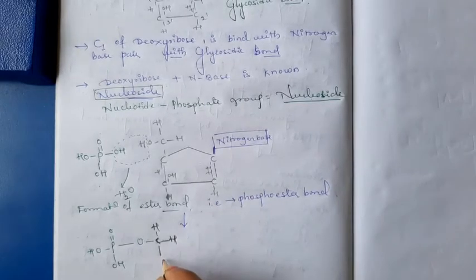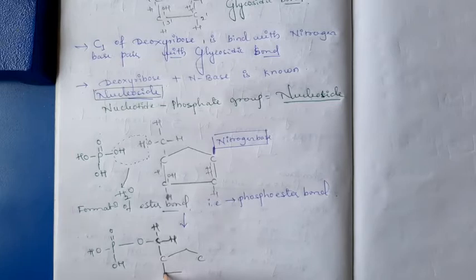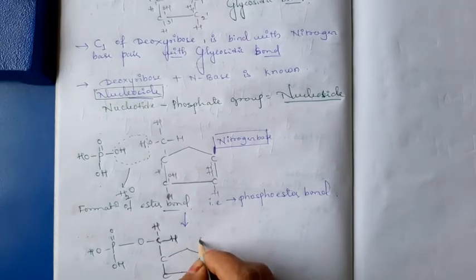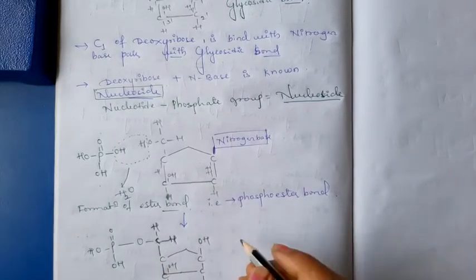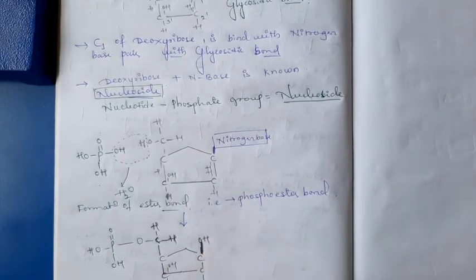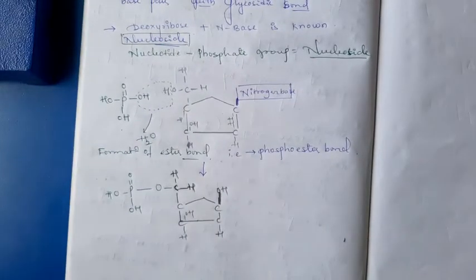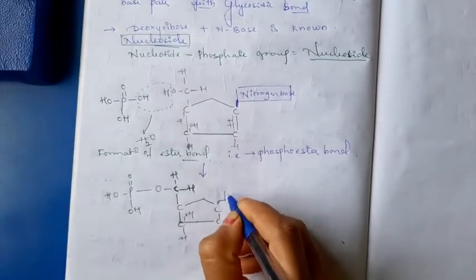Then again it binds with another C. This first carbon atom is attached with the nitrogen base pair.